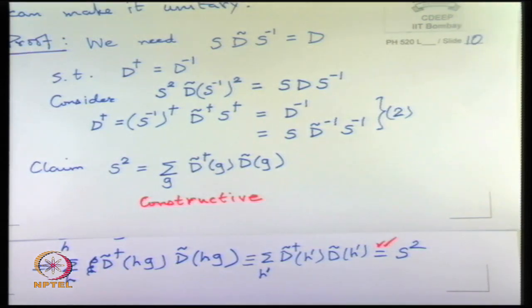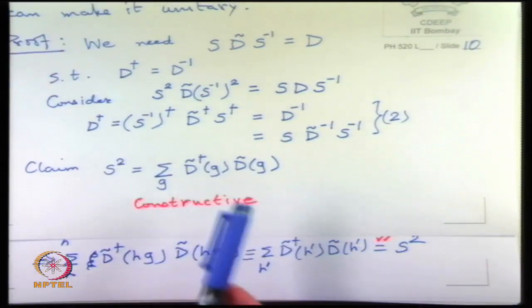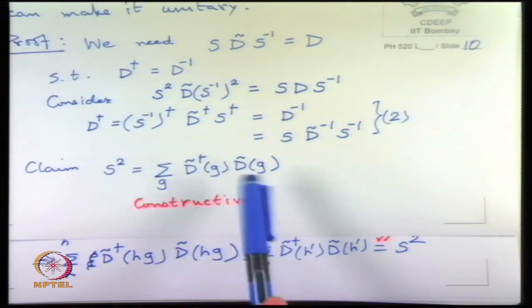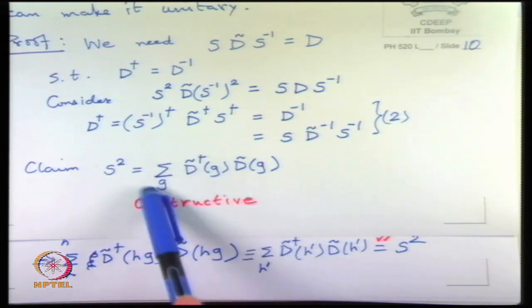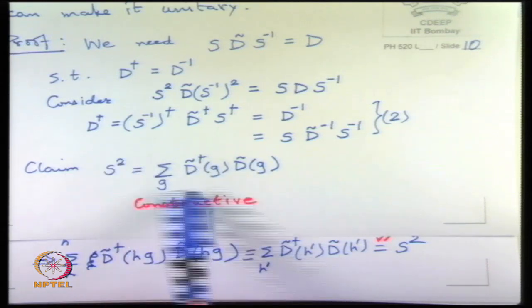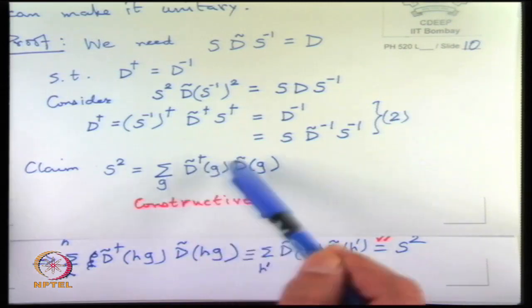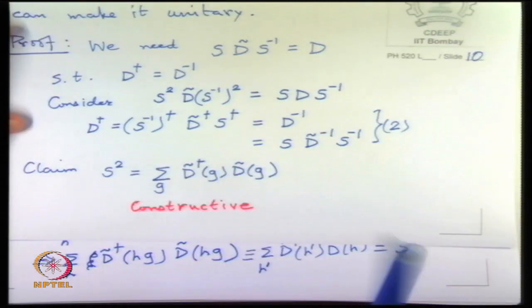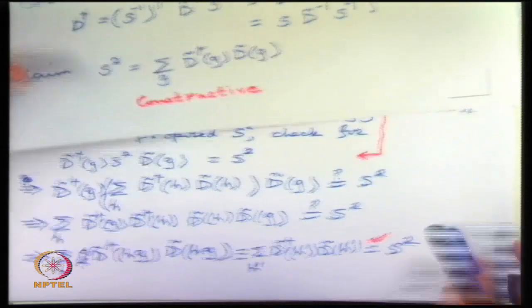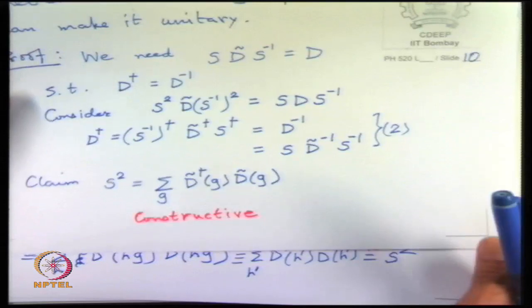But this actually constructs explicitly for you what you should do. You take your funny representation D tilde which is not unitary and just construct this matrix S squared, which is summation over all group elements of their corresponding D dagger D. So finally you can say S has to be the square root of it.